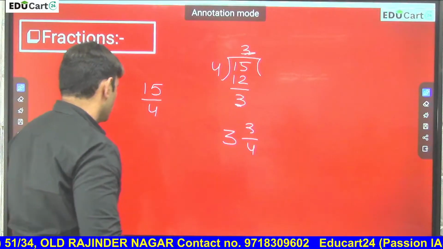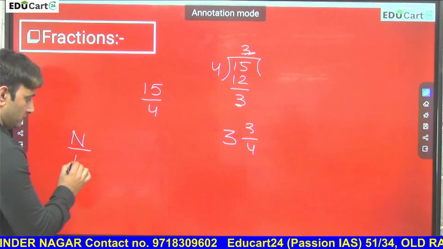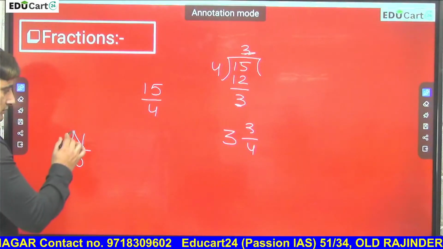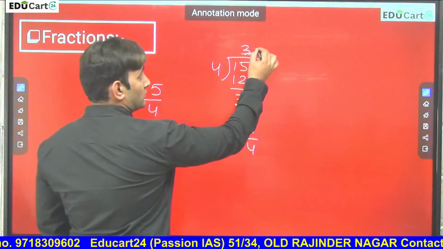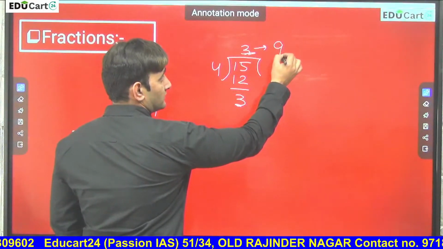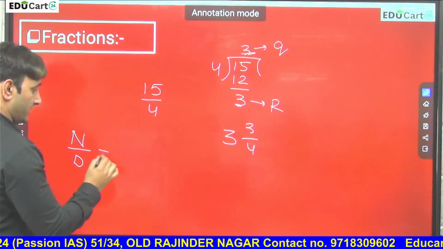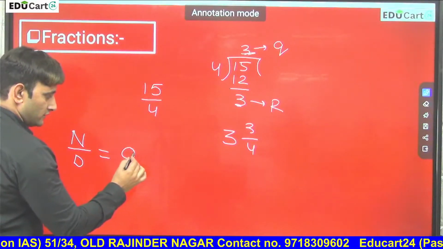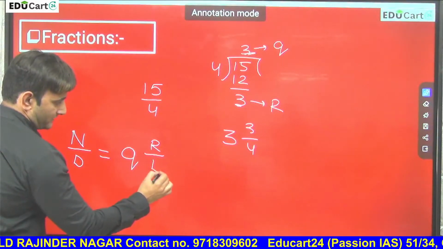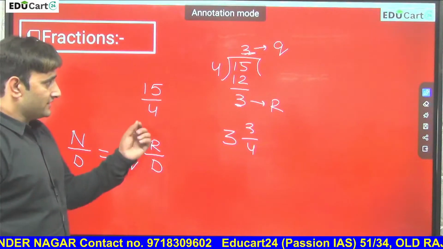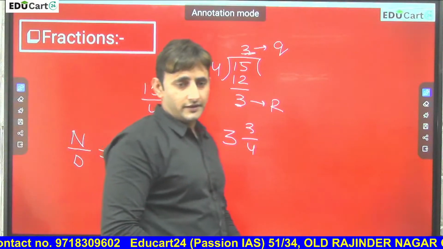So whenever we are dividing a number by a divisor, this part is called the quotient. This is the remainder. So this is written as quotient, remainder upon divisor. Divisor is the number from which we are dividing. Okay.